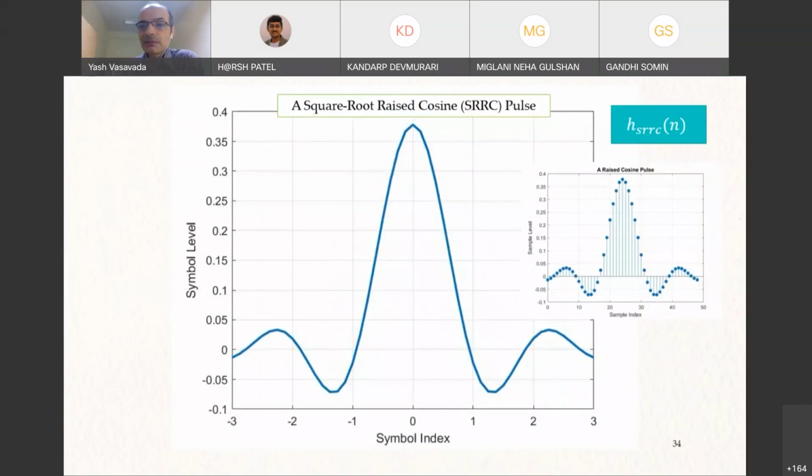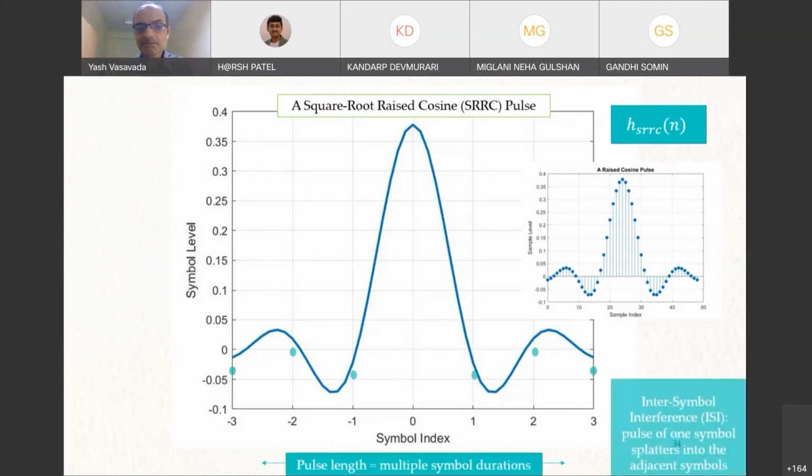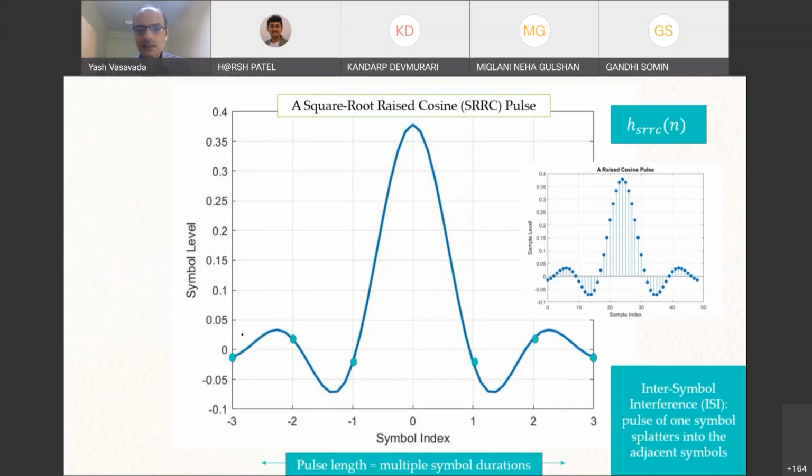And the third type of impulse response is called square root raised cosine impulse. And its length can be more than a symbol. See here, this pulse goes on over multiple symbols. And what is happening is that if I use this pulse, at integer sample durations, I get non-zero impulse responses.